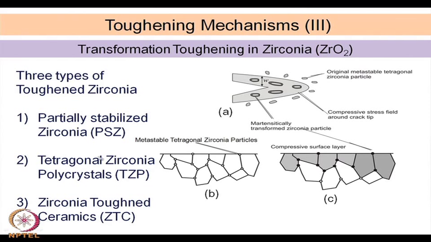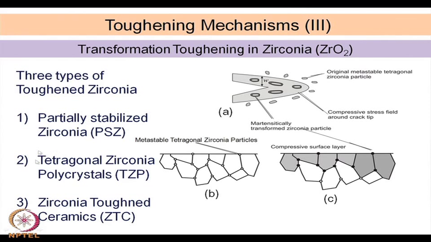So, this tetragonal polycrystal also undergoes a similar stress induced transformation when a crack is trying to propagate through this matrix, and that also gets toughened. So, transformation toughening can happen not only in partially stabilized zirconia, but also in tetragonal zirconia polycrystals. So, these are two different materials both based on zirconia, but with different kinds of structures.